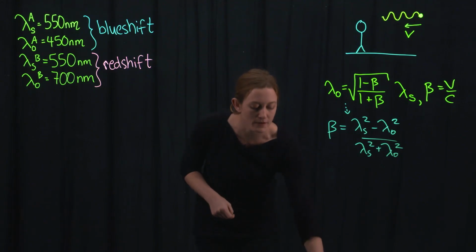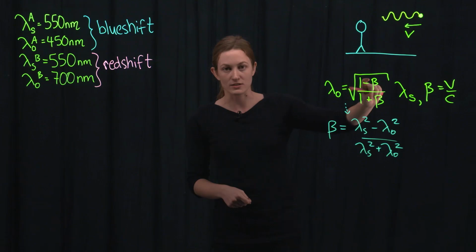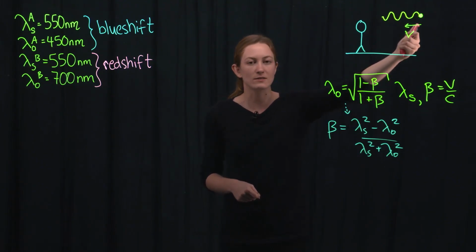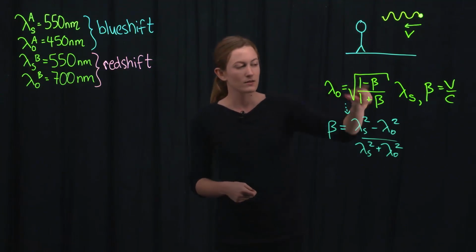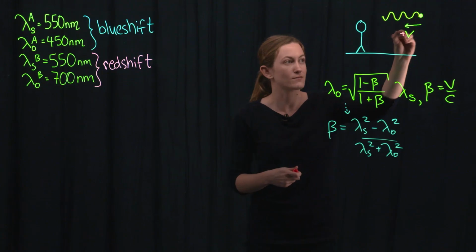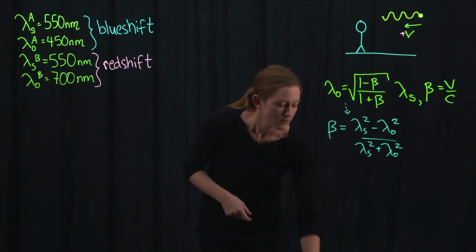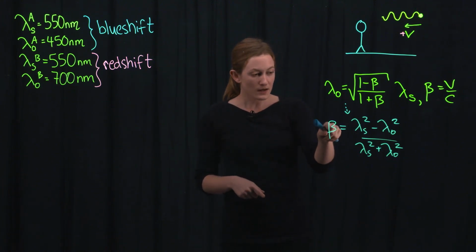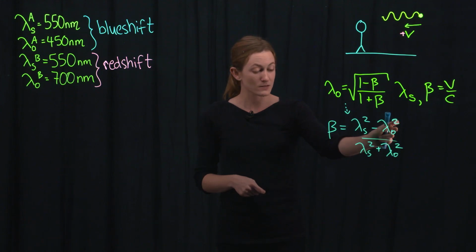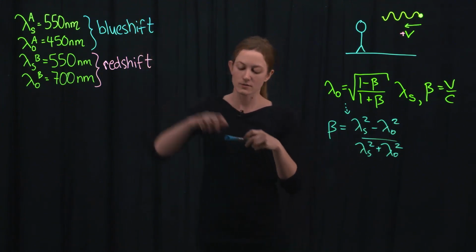Okay, so remember that for the sign conventions in this formula, we said that the velocity was positive if the galaxy was coming towards us, whereas it was negative if it was receding from us. Therefore, when beta is positive, or when lambda source is bigger than lambda observed, the galaxy is coming towards us. And this is the case for the blue shift.